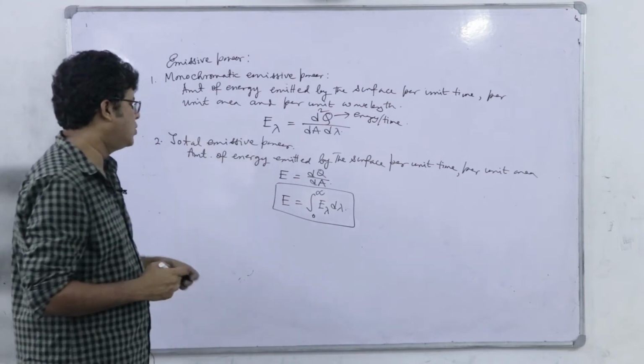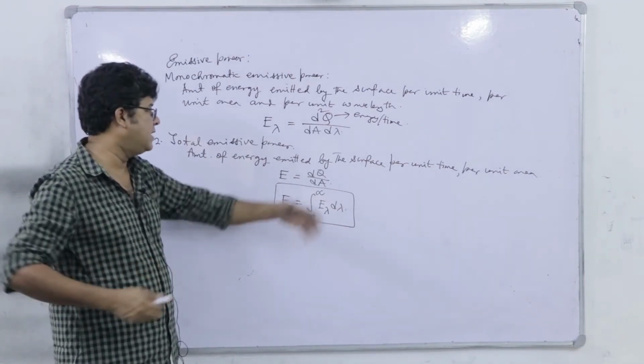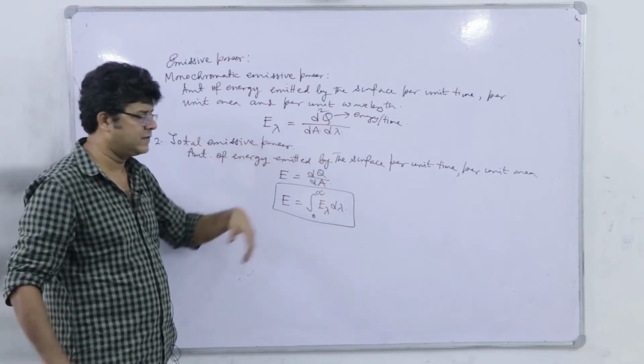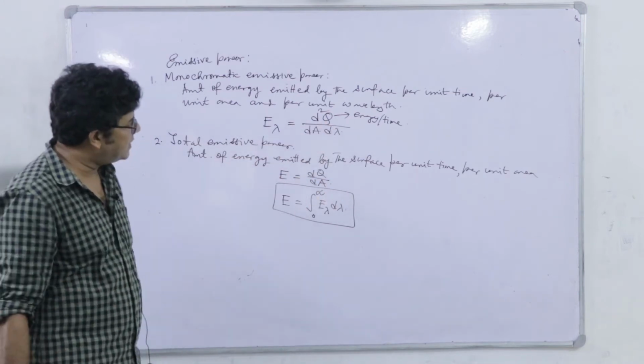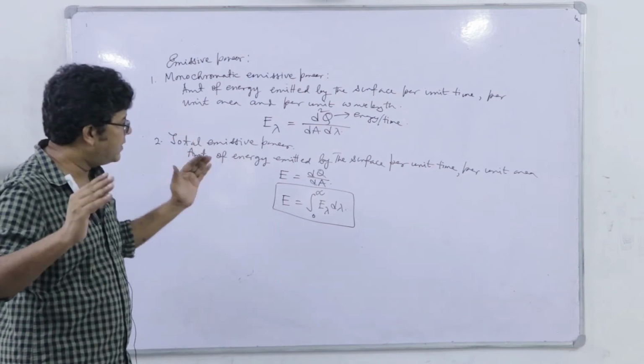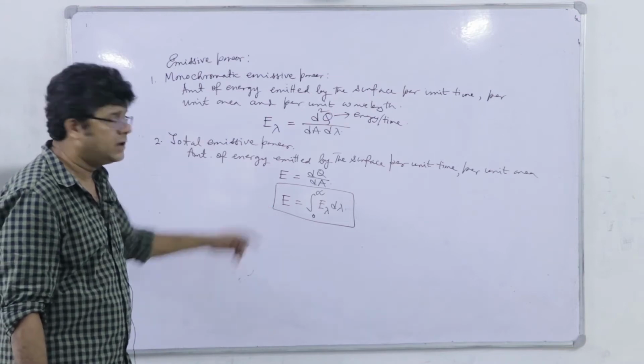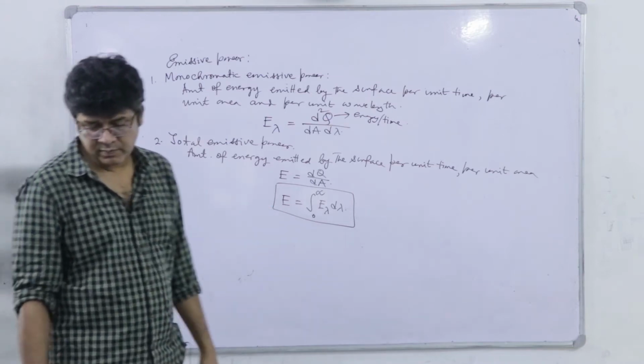E is equal to integral from 0 to infinity of E lambda d lambda. If I integrate, it is obvious from these two relations, right. If I integrate this monochromatic emissive power over the entire range of wavelength from 0 to infinity, we must get the total emissive power.